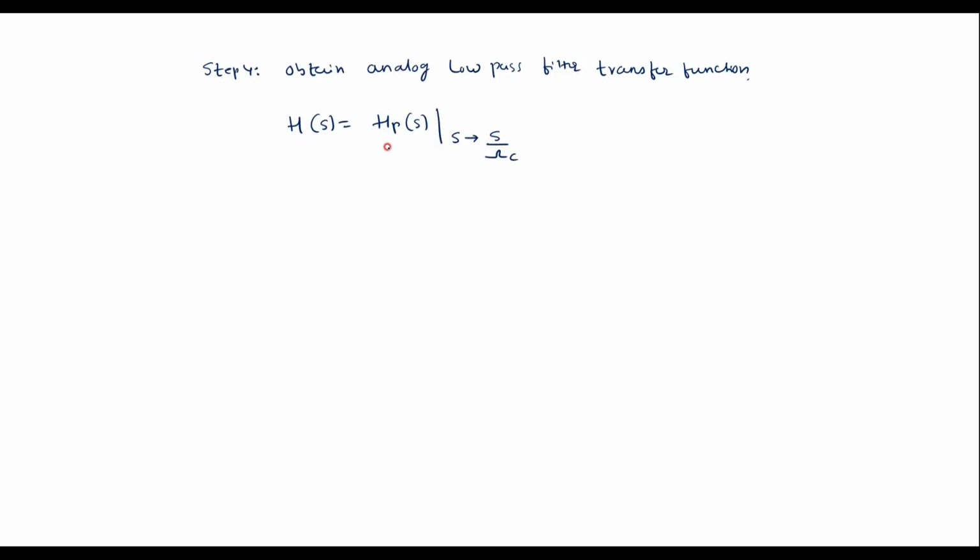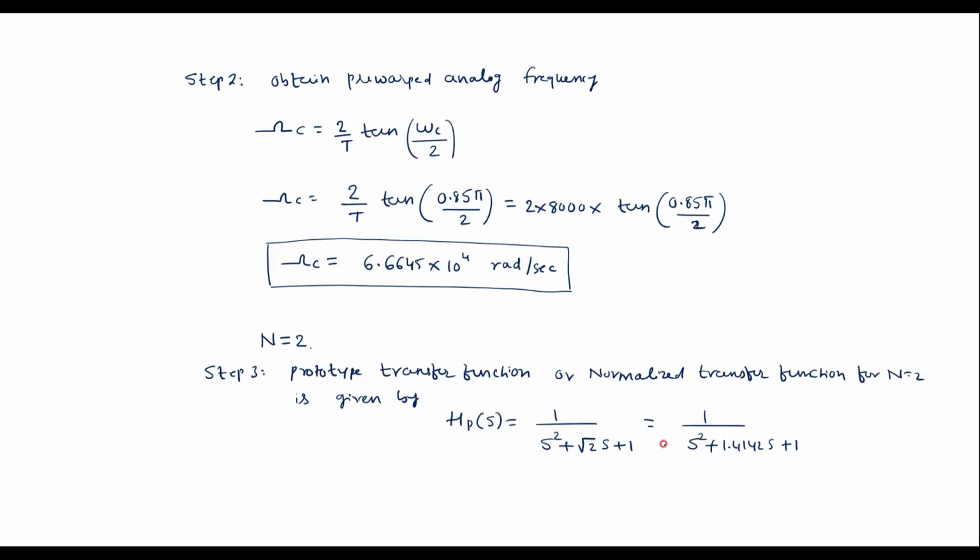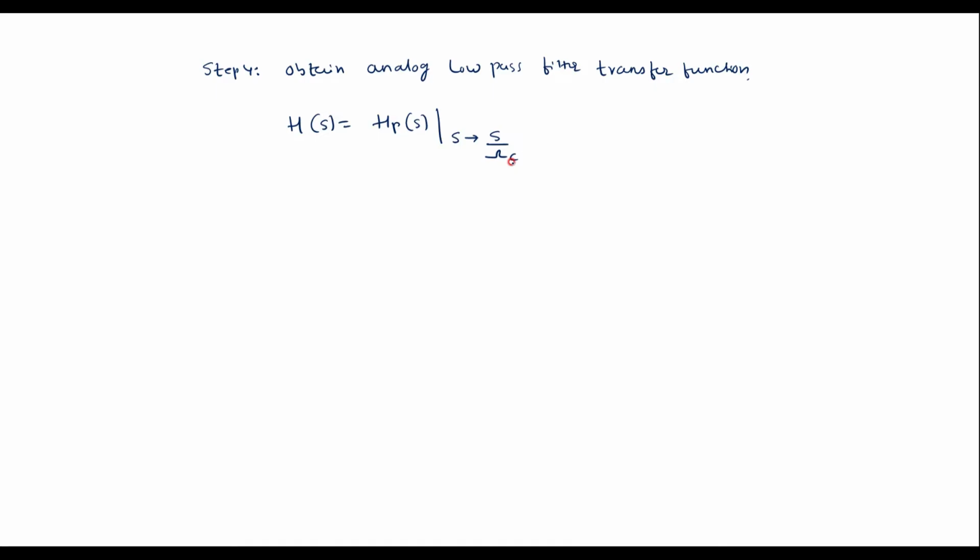Here H of s is the transfer function of the low pass filter, Hp of s is the prototype transfer function that we have solved in step number 3. So in Hp of s we are supposed to replace each s by s divided by omega c, that is s divided by 6.6645 into 10 power 4.